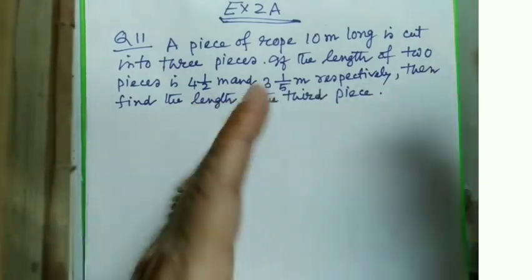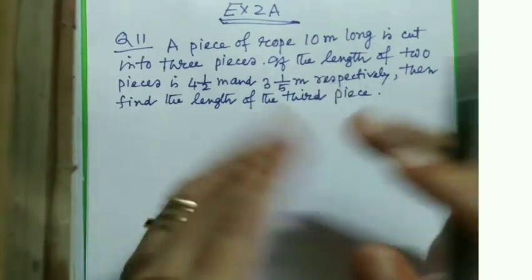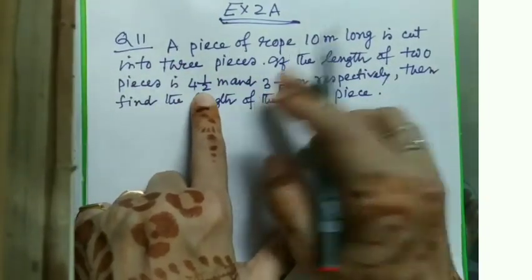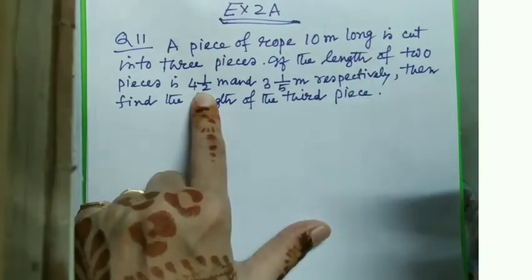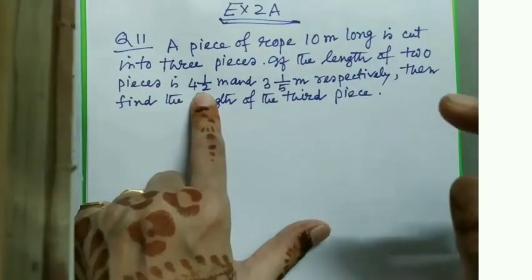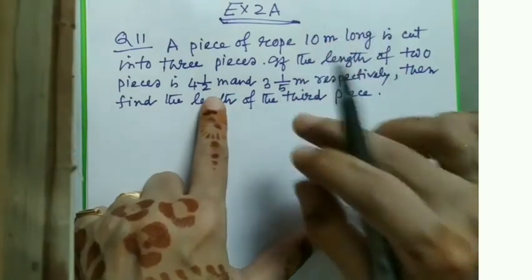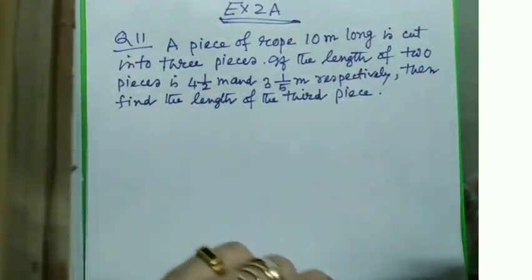Okay, in this question we will have to add first those 2 pieces, and then we will subtract the result of the addition from the full length, that is 10 meter of the rope, to get the length of the third piece.